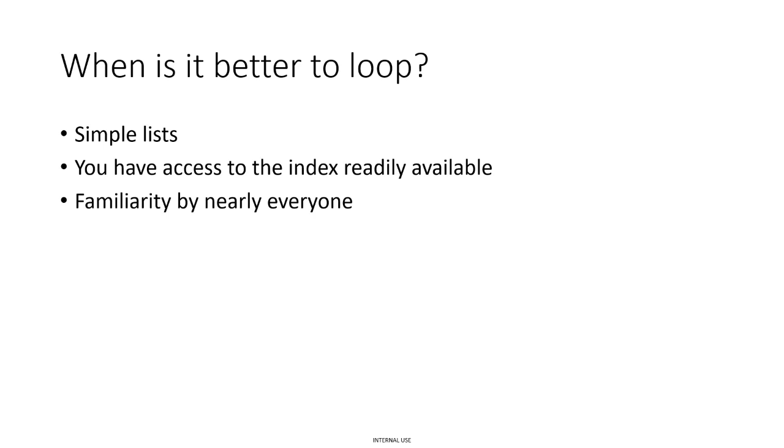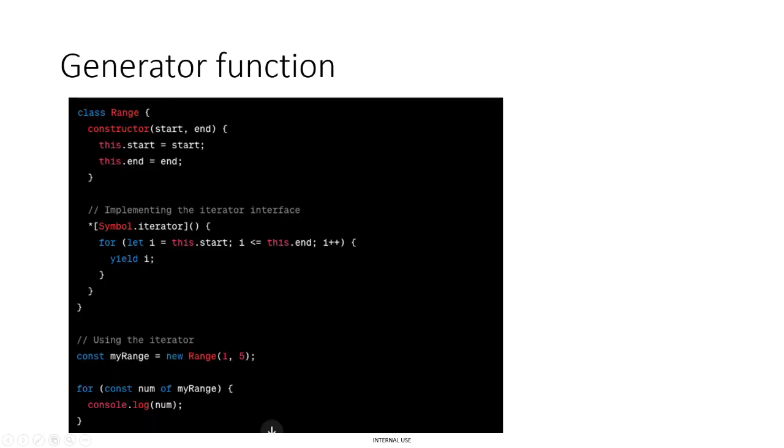There is an implicit way to do that where you don't have to return the explicit object with value and done, and it's with a generator function. So this is on the next slide.